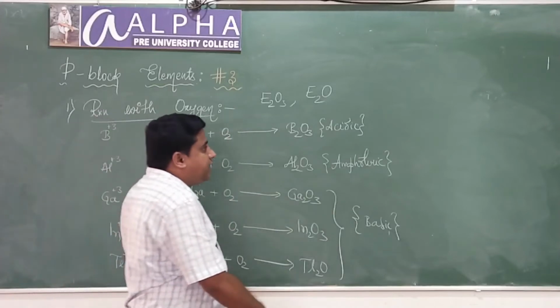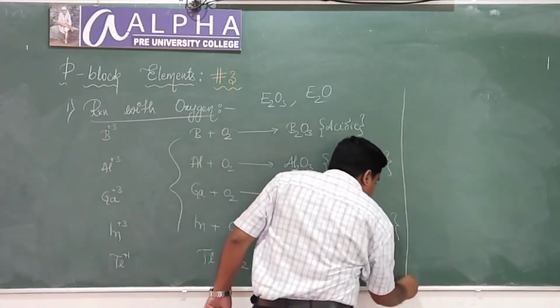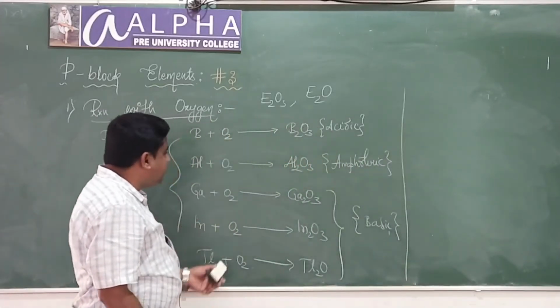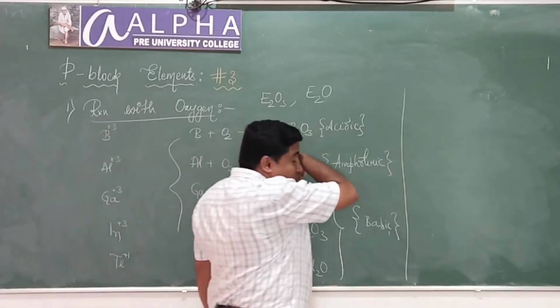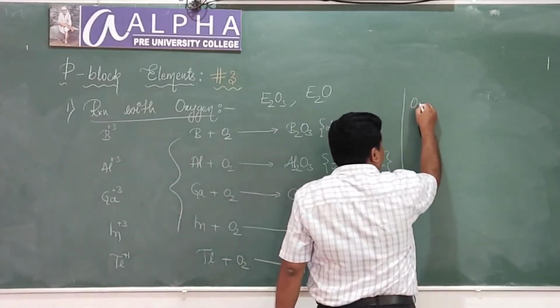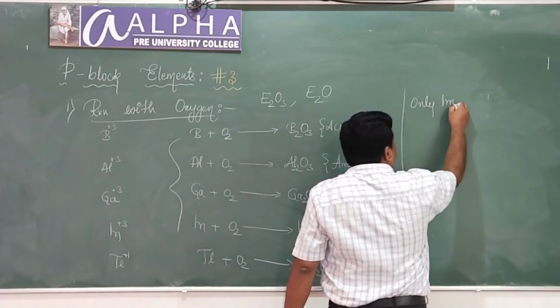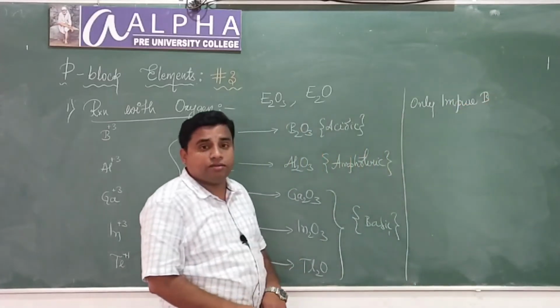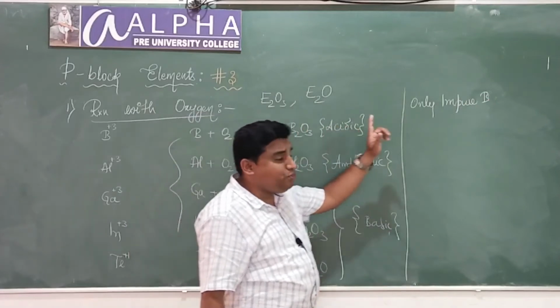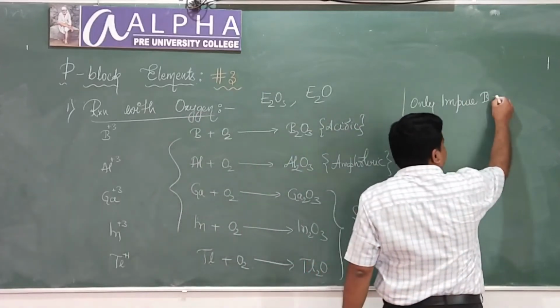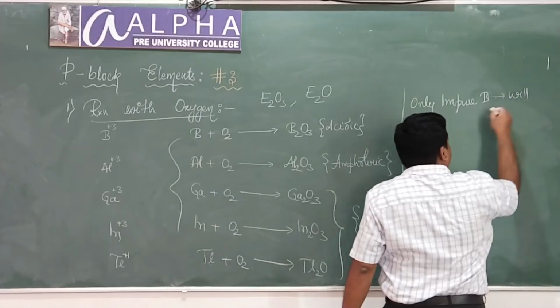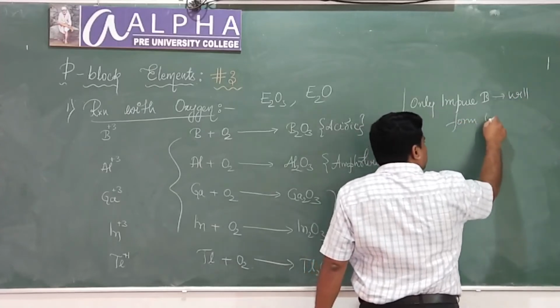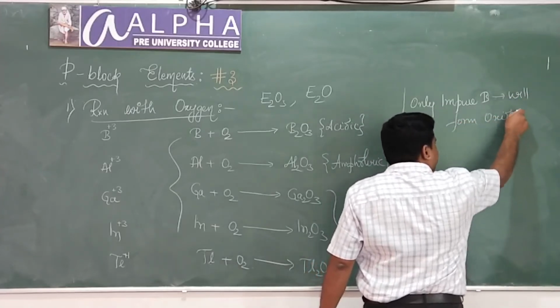See, and look at the properties of the oxides of these elements. See, only impure boron will form oxide.